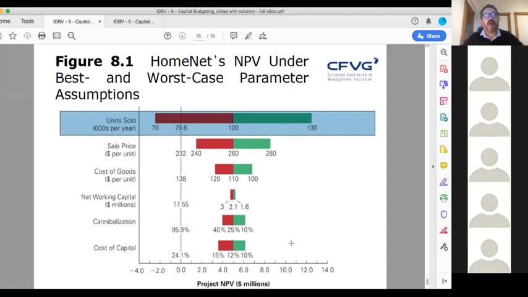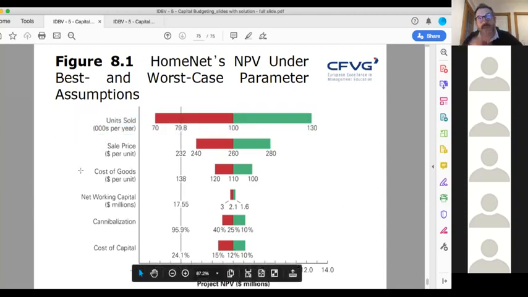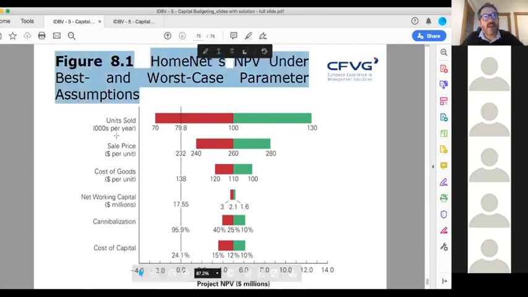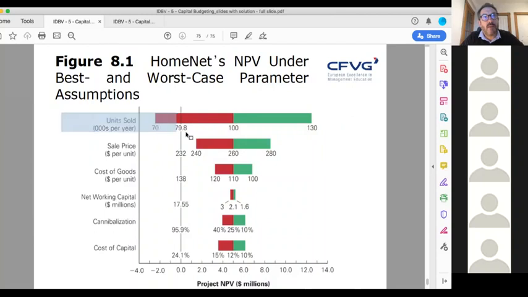So what I would say is that once we have this sensitivity analysis, which is done for this project, we could advise our company to take a few more weeks, for example, to investigate more about the assumptions of the quantity.